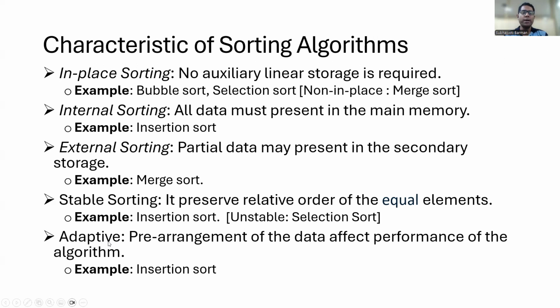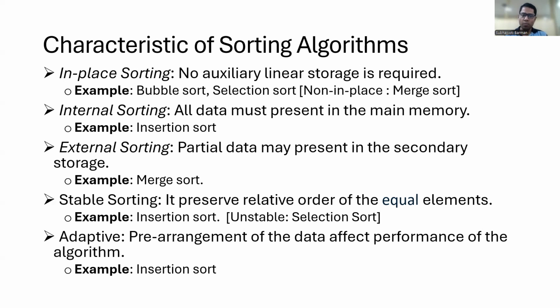Another very important point is the adaptive nature of the sorting algorithm. Adaptive means if the pre-arrangement of the data affects the performance of the algorithm, then we say the algorithm is adaptive in nature. Let's say we provide one almost sorted data. We have 8 elements, where the first element is 8 and then 1, 2, 3, 4, 5, 6 up to 7.